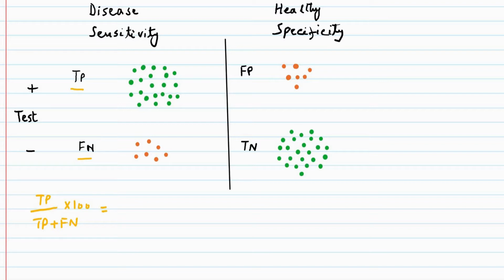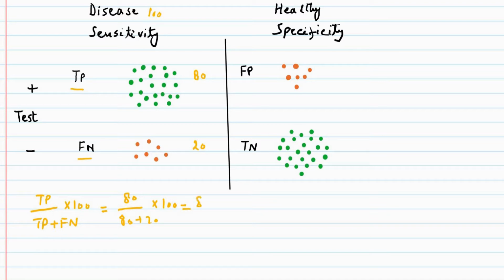Suppose we had 100 people with disease and our new test correctly identified 80 people with disease and the result was positive in these cases, and 20 cases had false negative results. So if we calculate the sensitivity, it will be 80%.